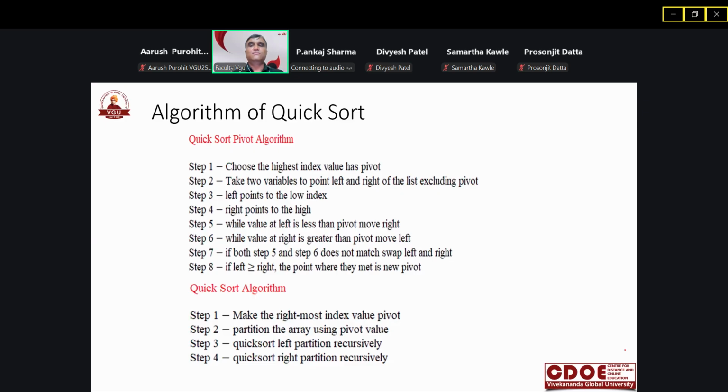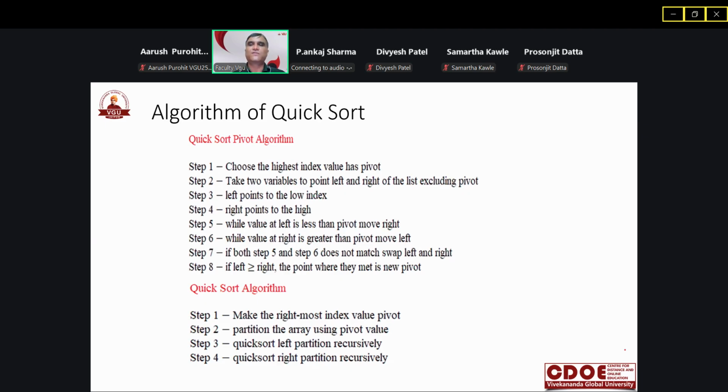This algorithm includes two functions. The first function sets the pivot element at its correct position as it must be in a sorted array. Then finally, the complete array will be divided into two parts and quick sort will be applied repeatedly. The first part of the algorithm is called the quick sort pivot algorithm.